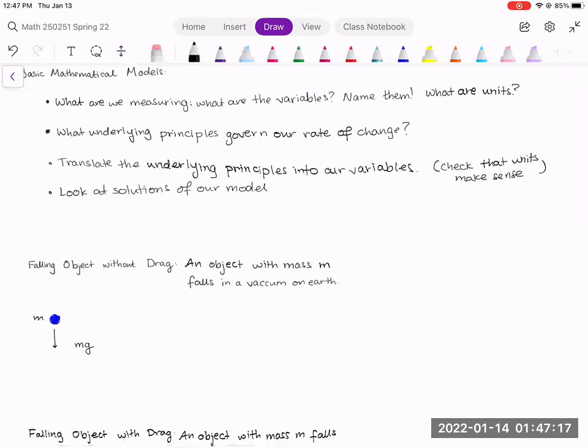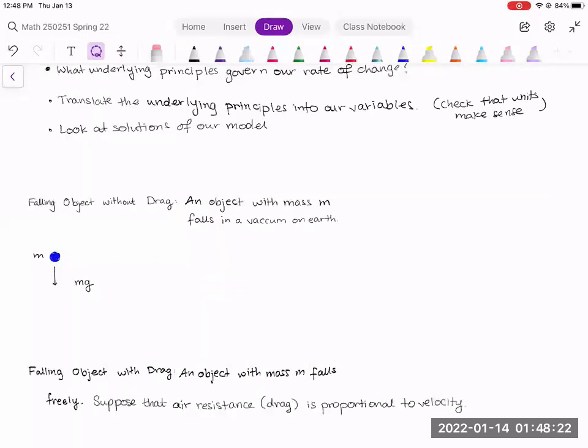Starting with an object falling, assuming there's no drag. We're going to imagine that we have an object that has mass m that's falling to Earth, maybe in a big warehouse where there's a vacuum. So we're not assuming any air resistance.